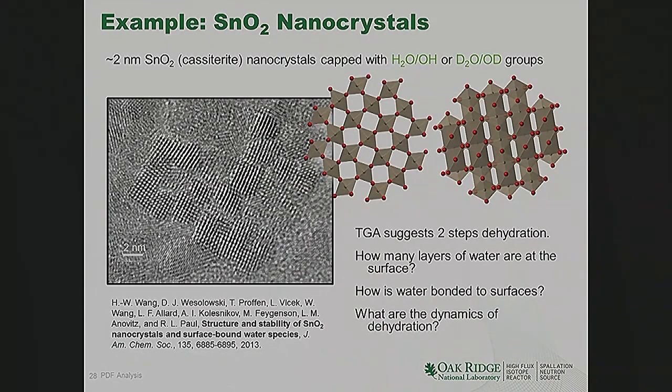The other example I'll go into with some detail is not one of my own. This was done by my colleague Shouwen Wang. She actually is a scientist here at Oak Ridge, and she works in the geochemistry group.